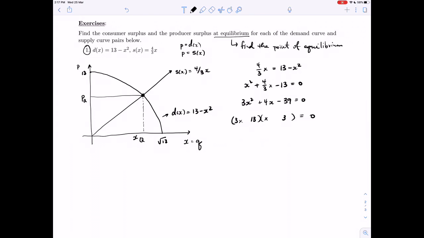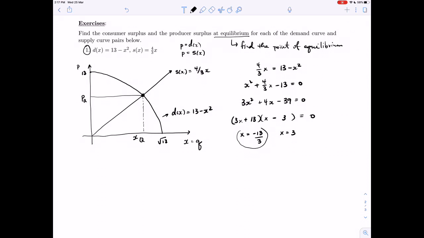And then we need to choose the sign since it's negative. I'm guessing that's going to be a plus and a negative. Let's do a quick calculation. We get 3x squared minus 9x plus 13x is plus 4x, minus 39. There you go. That factors correctly. So that is giving us two solutions as far as the quadratic is concerned. x is minus 13 over 3, and x is equal to 3.